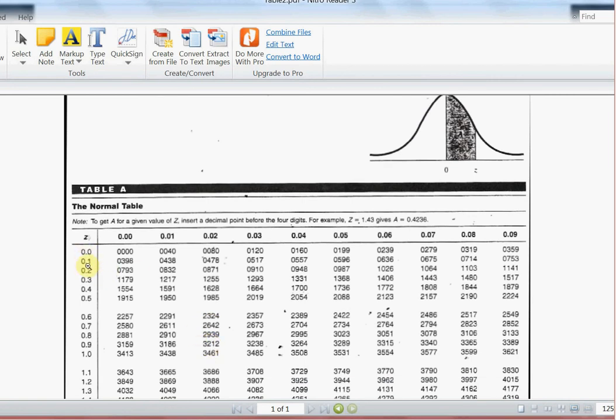For 0.16, you look at this first column, 0.1. To find the percentage number that corresponds to the second decimal place, you need to go to the column with the heading 0.06. So this percentage number corresponds to a z-score 0.16. So the percentage number is 0.0636.